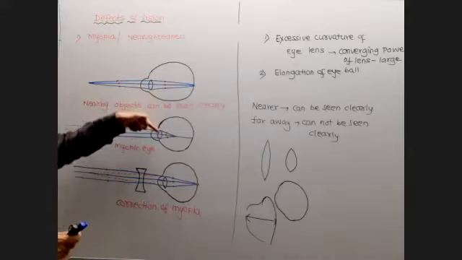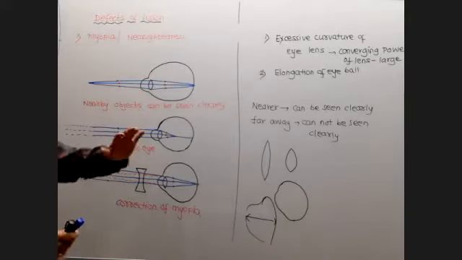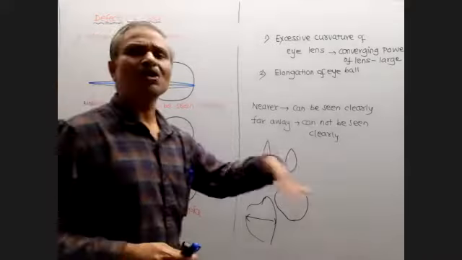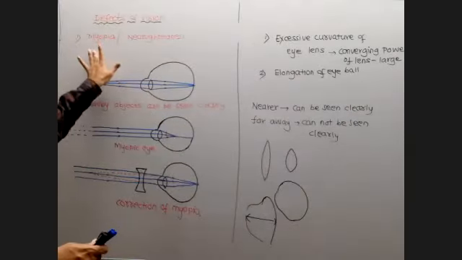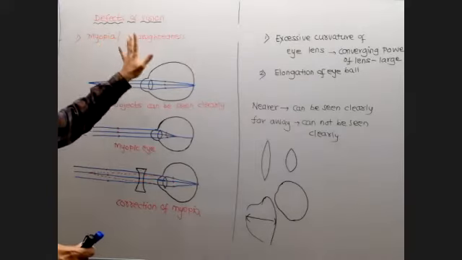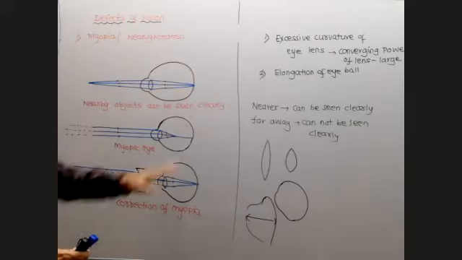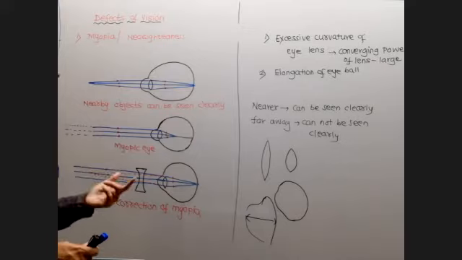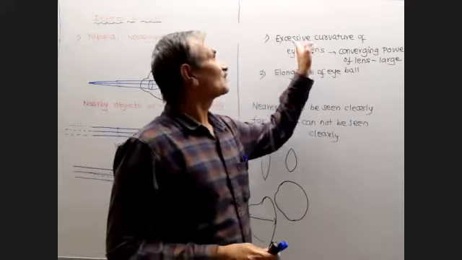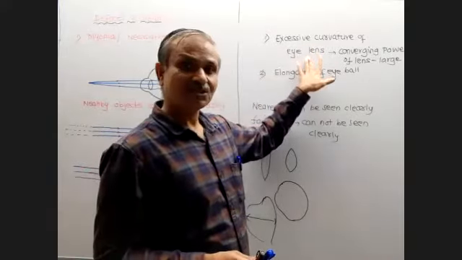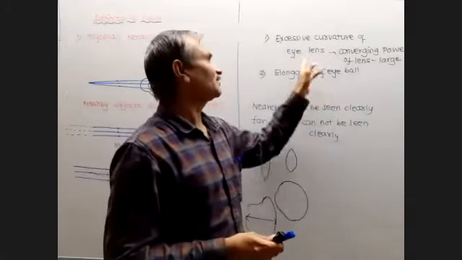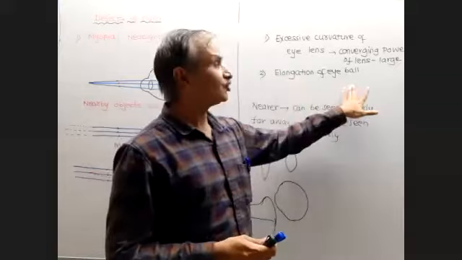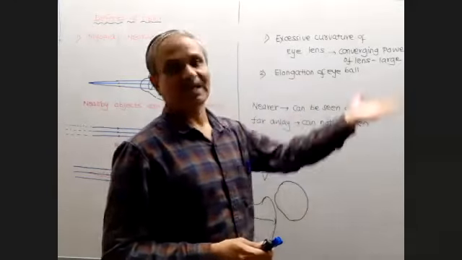And look, whatever I told you for myopia, if you make the opposite of all the points, then it is hypermetropia, or farsightedness, or long-sightedness. Here what happens? Excessive curvature of the eye lens in myopia; here smaller curvature. Here elongation of the eyeball; here flattening of the eyeball.